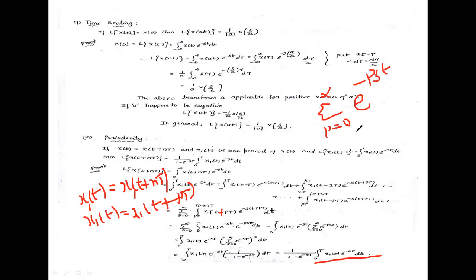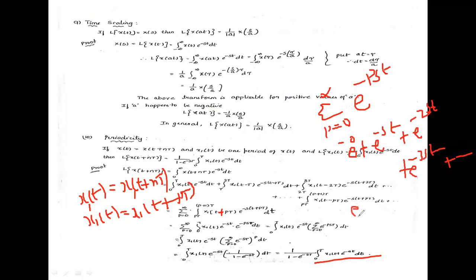Now expand this function: e power minus st whole power p, summed from p equal to 0, is 1 plus e power minus st plus e power minus 2st plus e power minus 3st and so on.